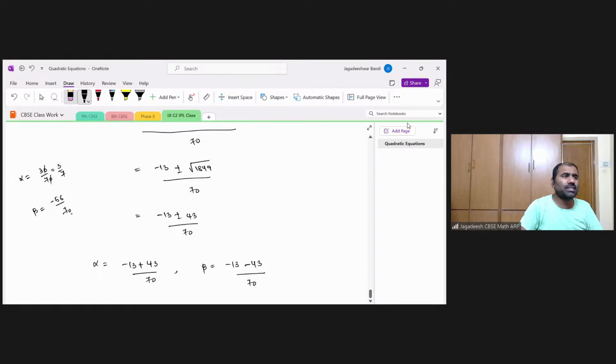Let us cancel with the 7 table: 7 tens are 70, 7 eights are 56. So we get minus 8 by 10. But still we can cancel with the 2 table, which gives you minus 4 by 5. So this is one root and this is another root. Is that clear, children?